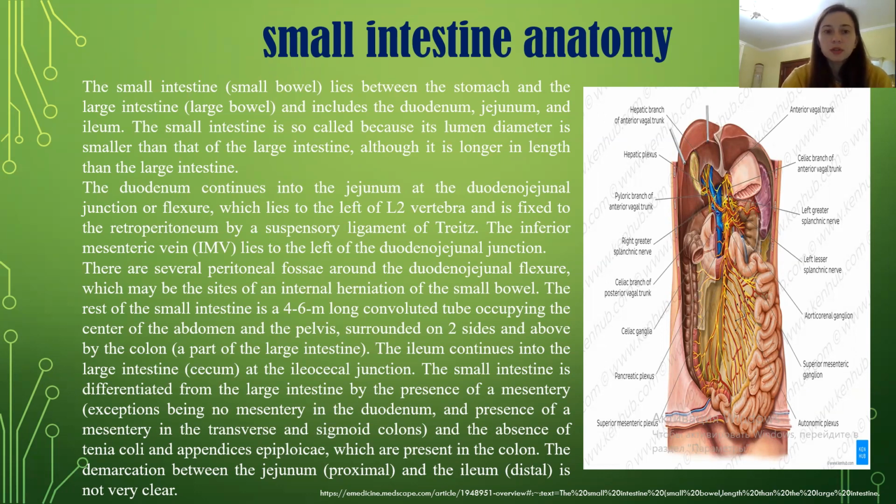The small intestine is differentiated from the large intestine by the presence of mesentery and the absence of the tenia coli and appendices epiploicae, which are present in the colon. The demarcation between the jejunum and ileum is not very clear. And you may see on this slide a picture with the anatomy of the small intestine.